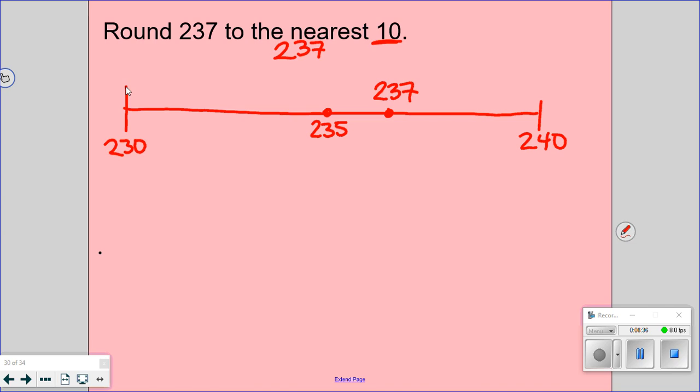Rylan, where is 237 gonna round to? 237 is going to round to 240. Yeah, way closer. Way closer. Zach, I mean, John. So I'm thinking that since basically the 235 and 230 are on the same length of each other, shouldn't they be a lot closer to each other? Sure. You can put them a lot closer if you want. Rylan, question?